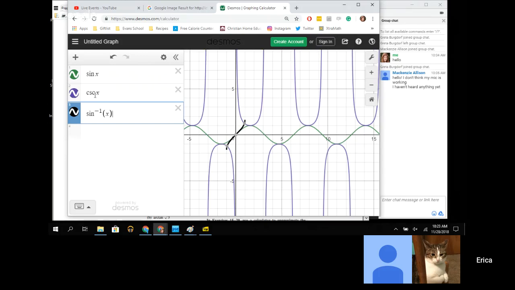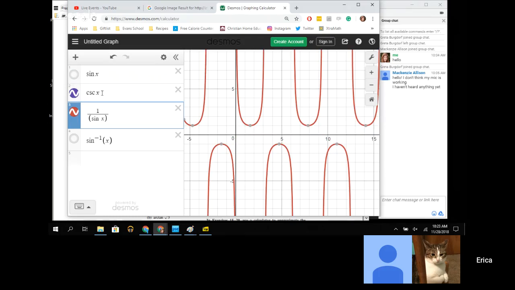Another way, well, I should have said this before. If I do 1 divided by the sine of x, let me move this up here. Before we even get to this inverse trig function, let me just double check you understand the sine and the cosecant.